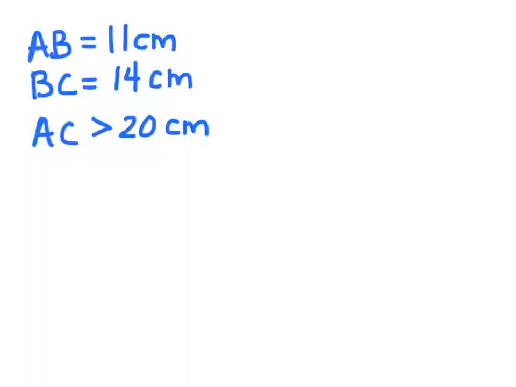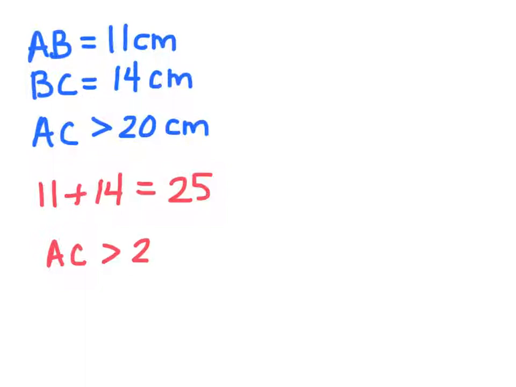Okay, so let's use that rule that we know, that the sum of the lengths of two sides must be greater than the length of the third side. We'll begin by adding AB plus BC, 11 plus 14, which gives us 25. Therefore, we know that line AC must be less than 25 centimeters, correct?